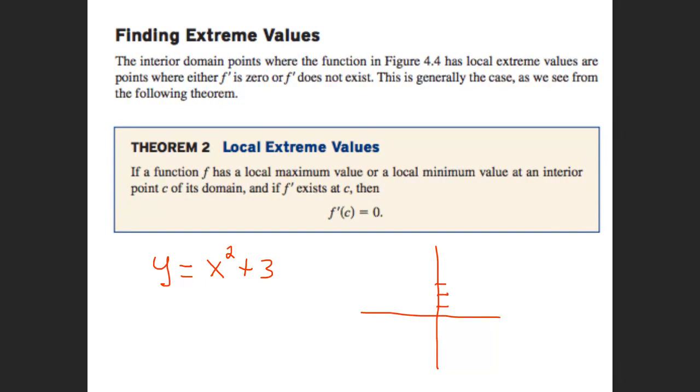It's a parabola that goes up. What is the absolute minimum value for this function? We can see it off the graph. Okay, so this is (0, 3), isn't it?